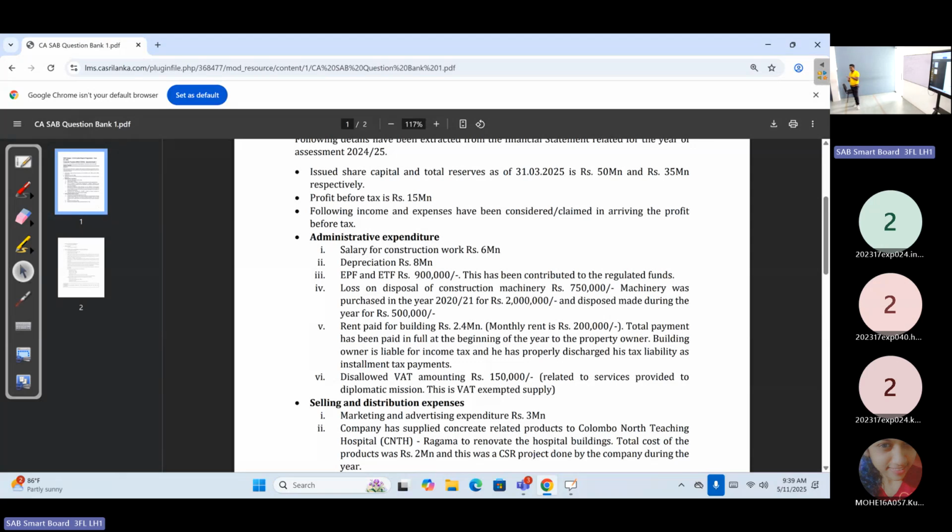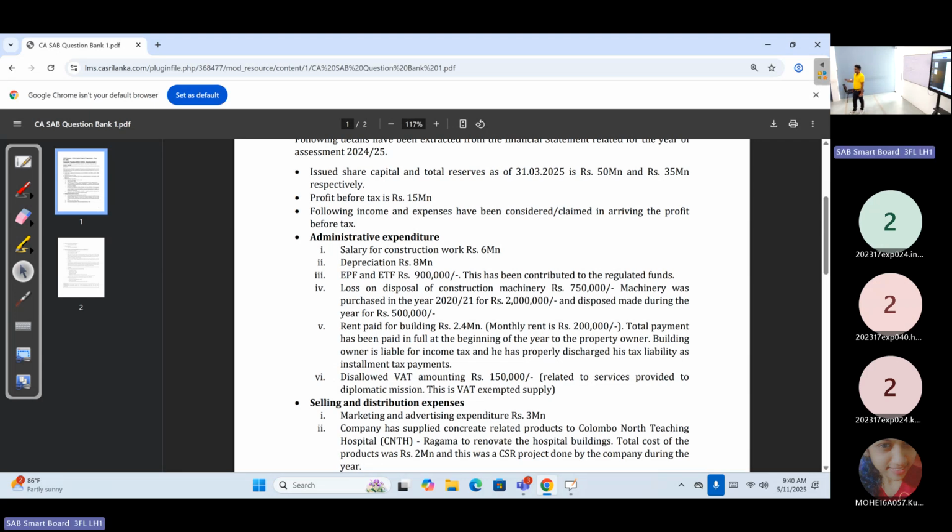Section 10, subsection 2 says, if any expenditure requires deduction of withholding tax, unless that tax is deducted and paid to the Commissioner General, we cannot deduct that expenditure. That expenditure is disallowed. Therefore, this total 2.4 million is disallowed. It is incurred in the production of income, but as per section 10, we cannot deduct.